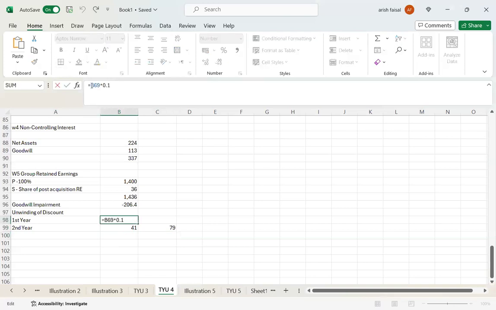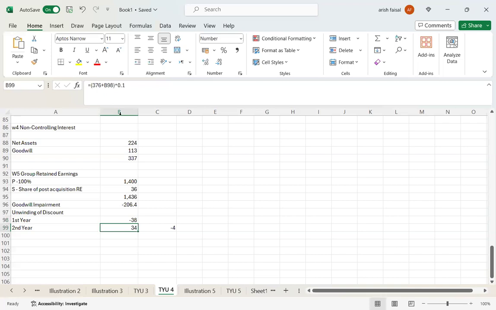So this is all going to be subtracted from the group retained earnings because it's an expense. That will reduce your group retained earnings. Okay, just 1 second.